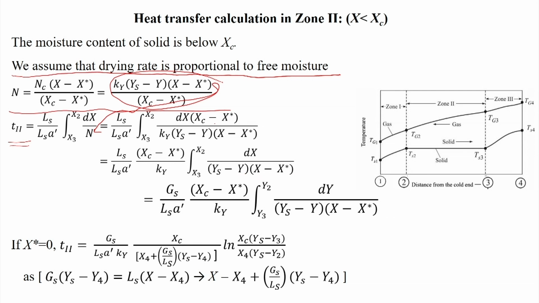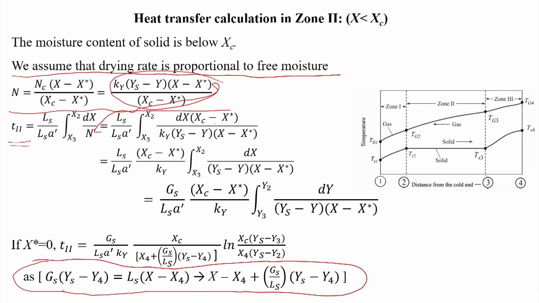Now, for this x we need to do another thing, one moisture balance. For this zone, Gs into ys minus y4, that is y4 means that is also y3, is equal to Ls into x minus x4.